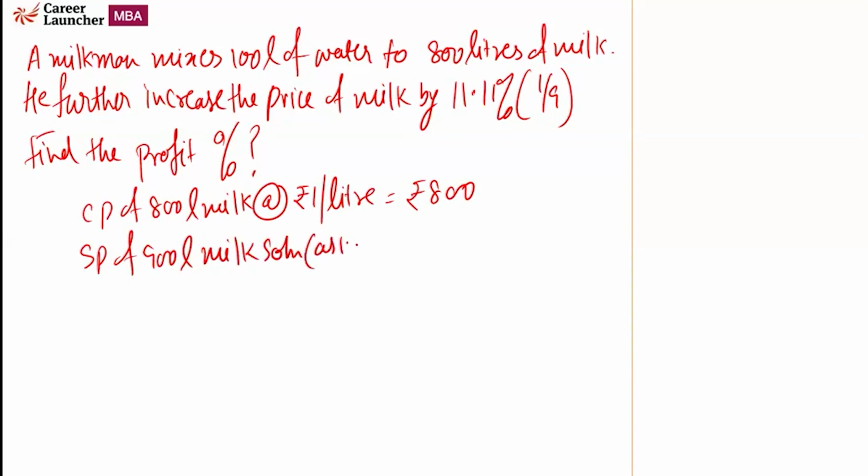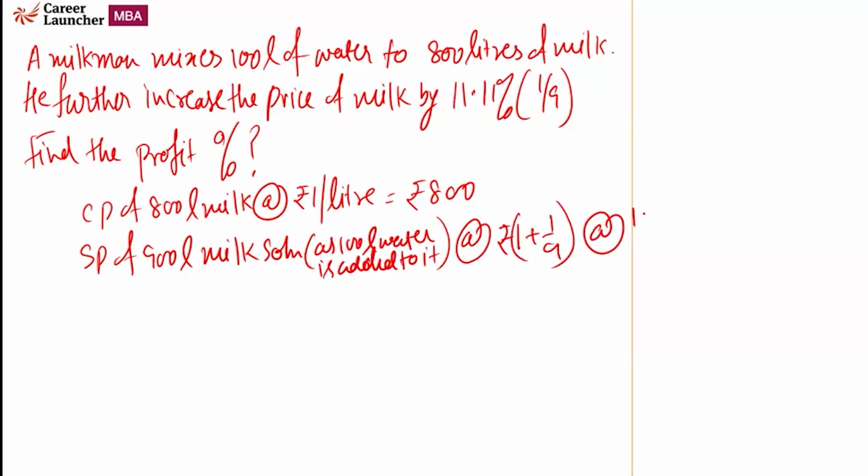Why? As 100 liters of water is added to it. At the rate of ₹1 plus 1/9, ये increase हुआ है. That is at the rate of 10/9 rupee per liter. So should I say it is 900 liters of the solution?